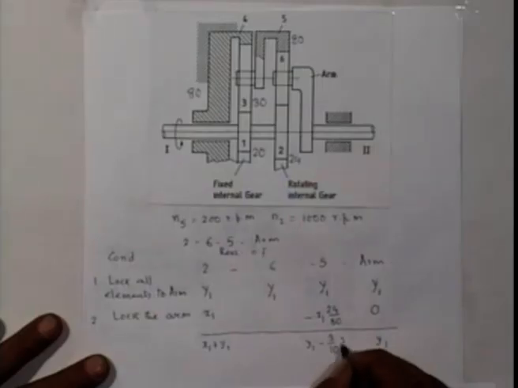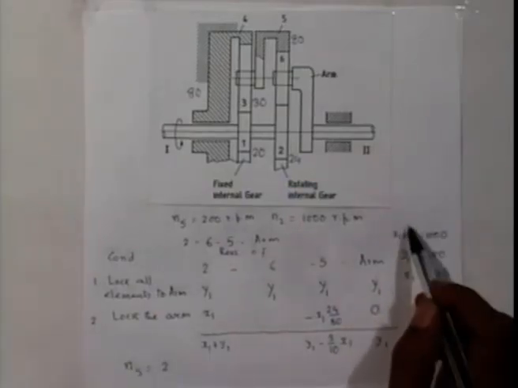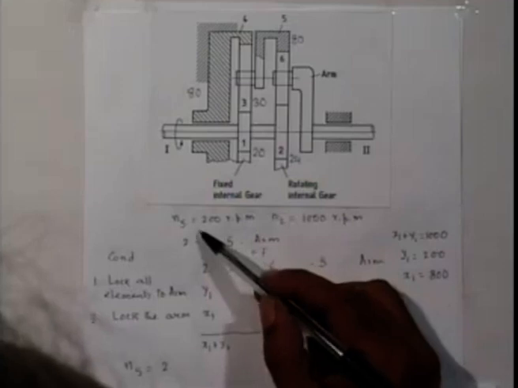So the resultant is x1 plus y1, y1 and y1 minus 3 by 10 x1. So what we see, the speeds given are n2 and n5.